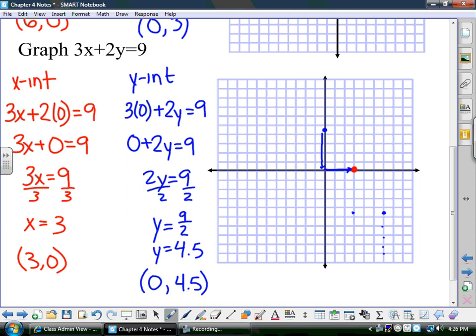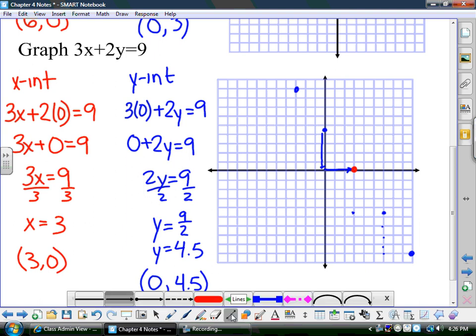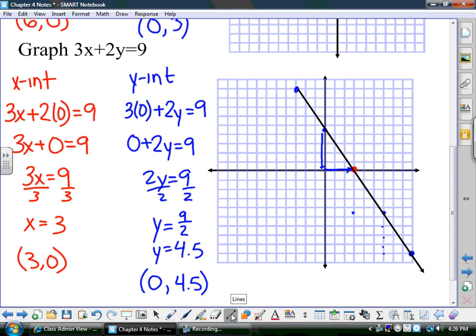So there's 4.5 down and over 3. And reverse the pattern in the other direction. Go up 4.5, 1, 2, 3, 4.5, and over 3. Use a ruler or something straight to connect those points. And it does keep going forever, so make sure you have arrows on either end.